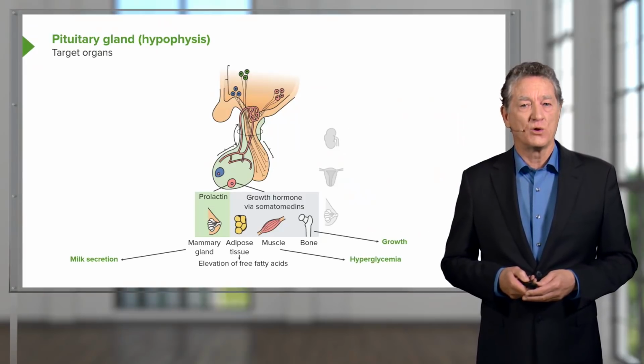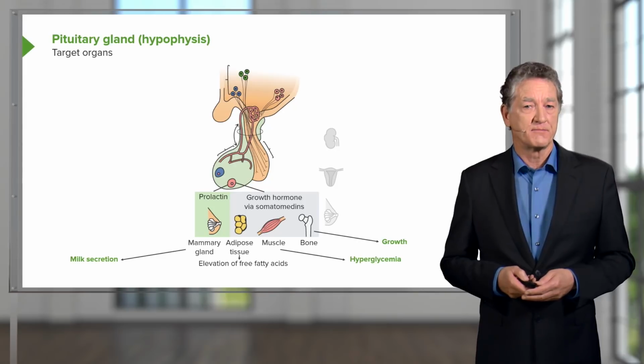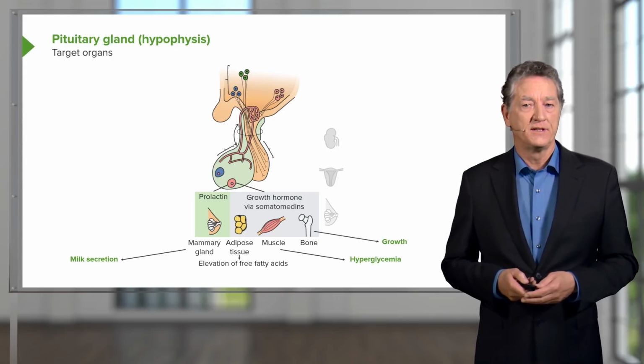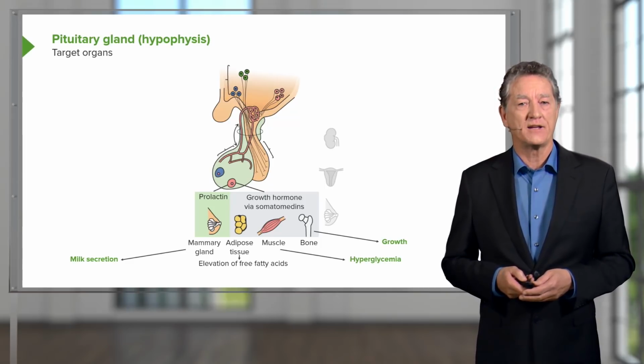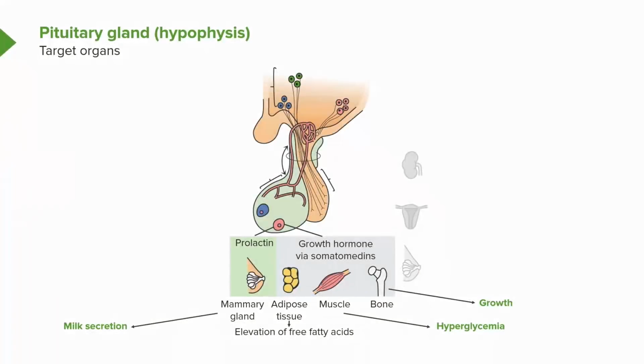If we then look at the acidophils in the anterior pituitary, then we can see that there are, first of all, cells we group together as being lactotropes, secreting prolactin. Or they could be somatotropes involved with growth hormone secretion, who act via the liver and via somatomedins. And you can see there the target organs for each of these hormones.